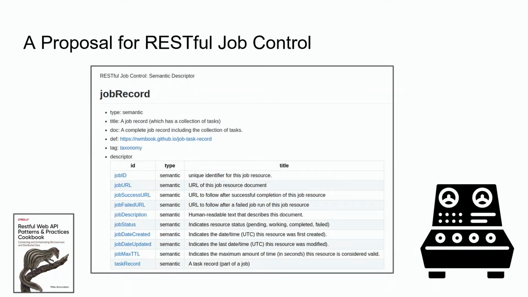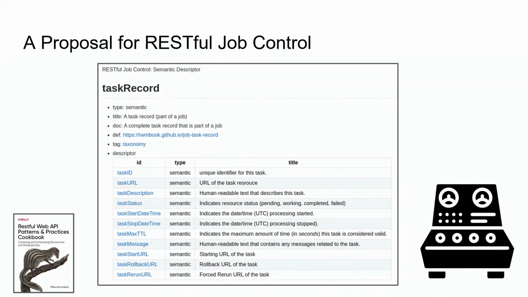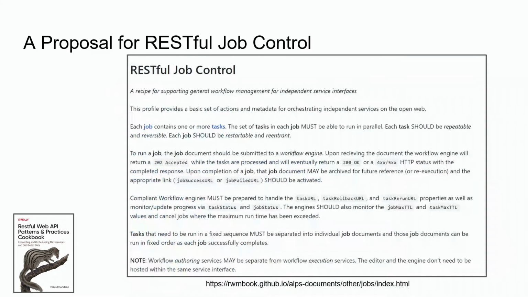Now, I've got some other details on what a job record looks like, the ability to, say, have a timer and a maximum amount of time. If I don't hear from anybody in a while, I'm going to cancel this job. And when I cancel the job, that's going to kick off a revert for others, things like that. Task records are pretty much the same way, but they operate on a slightly different set of operations. And then there's a set of rules.